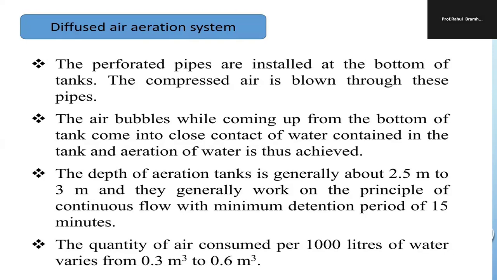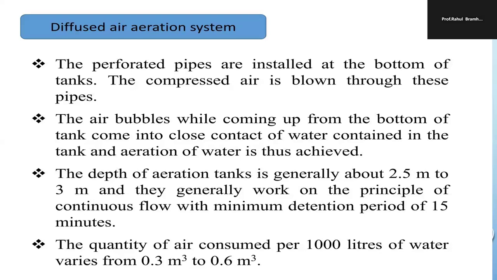The air bubbles come up from the bottom of the tank and come into close contact with the water in the tank, and aeration of water is thus achieved. With the help of the perforated pipe we provide air or oxygen in the water, so the aeration process is achieved.